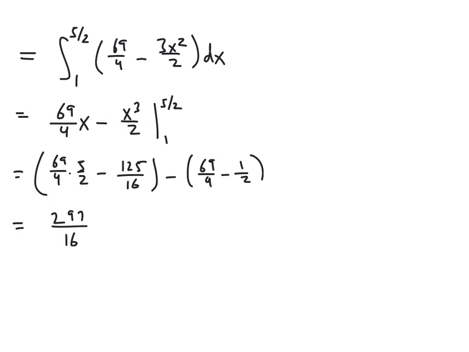Now, if you want to practice with something like this, what I would recommend is to try to compute this quantity with the other iterated integral. So I did the integral where we integrated with respect to y first and then x. Try setting up the integral where you integrate with respect to x first and then y.